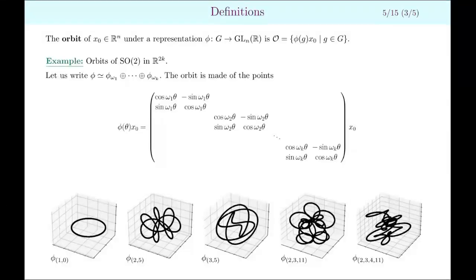It has a canonical form in two irreps, and you obtain orbits that will be closed curves that wind omega 1 times in the first plane and omega 2 times in the second plane, giving a sort of torus knot, if you wish.